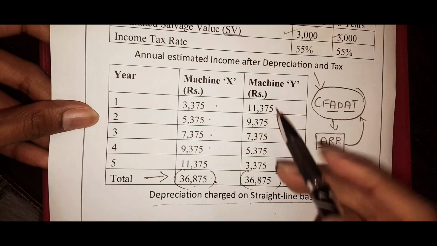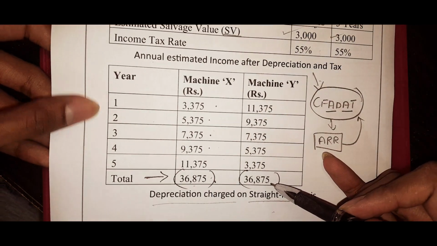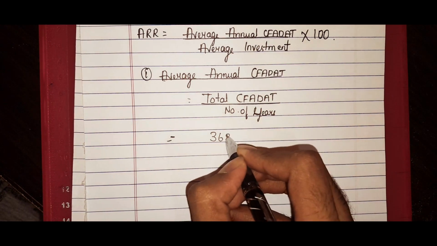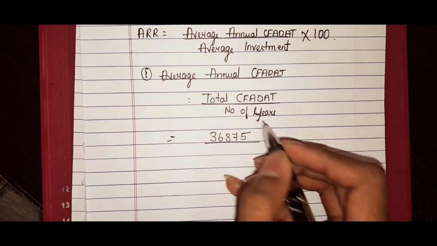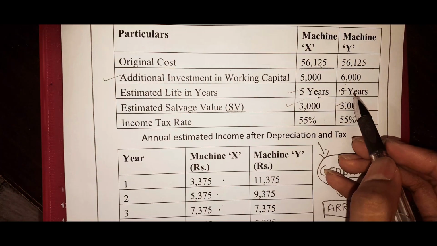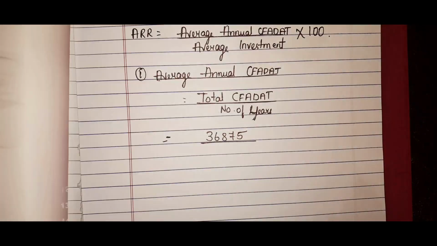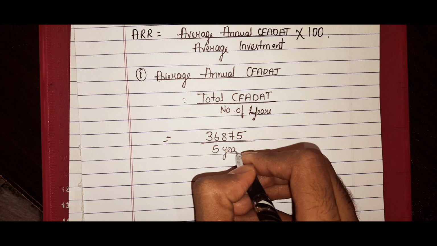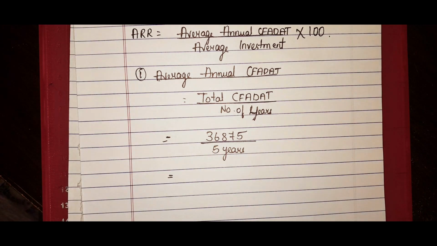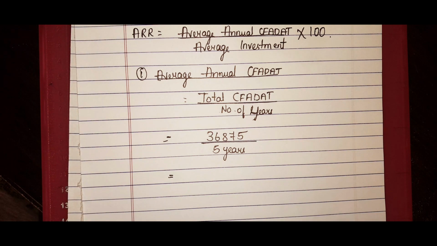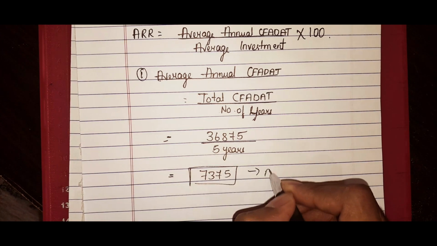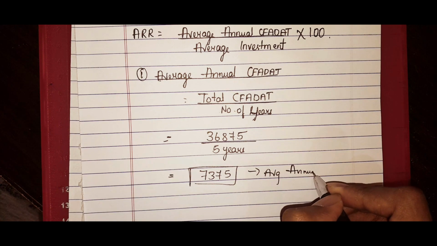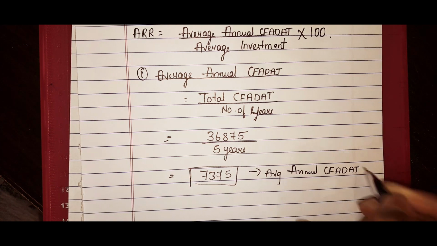So see here, for machine Y it is 36,875. 36,875 divided by number of years. The estimated life in years for machine Y is 5 years. So 36,875 divided by 5 will be 7,375. So this is the average annual CFADAT.